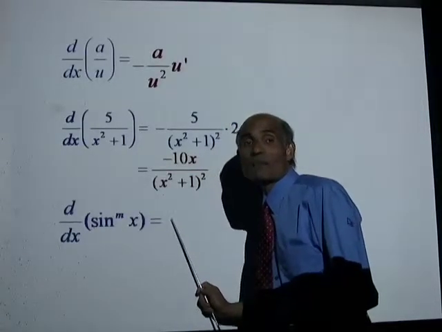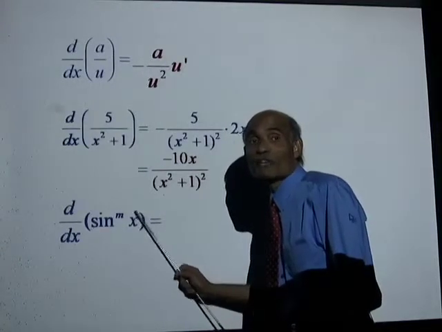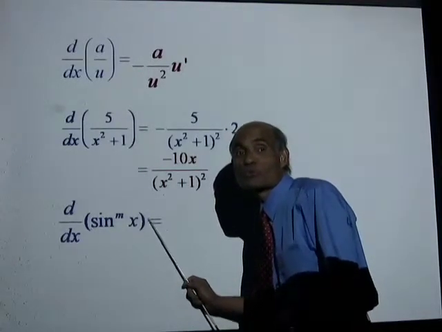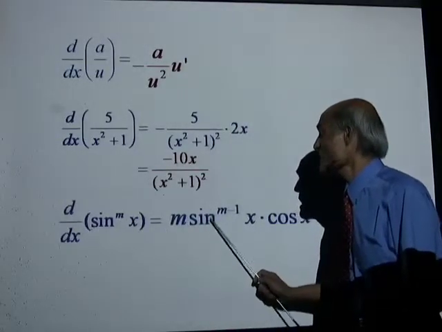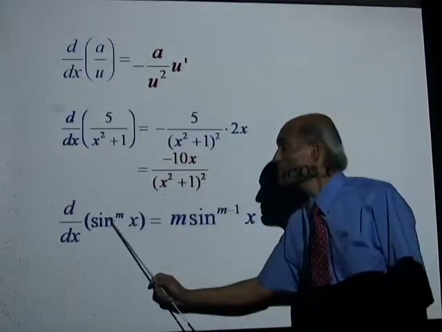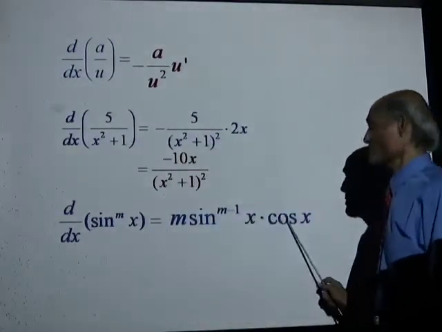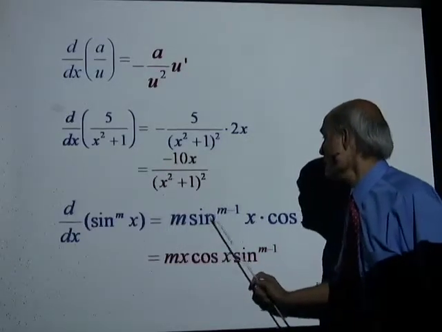So that will be m sine to the power of m minus 1 x multiplied by the derivative of sine x. The derivative of sine x is cos x. And so that will be m.